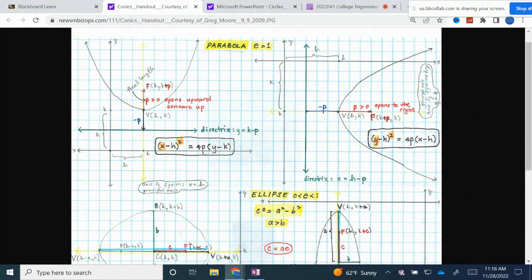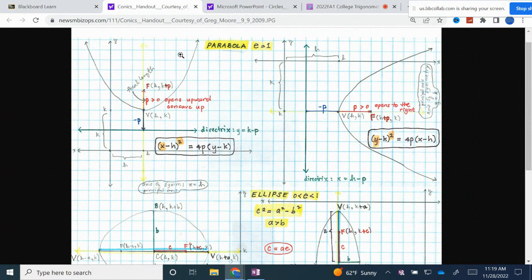All right, so if we take a look at this first formula, notice that if this were at the origin, it would be x squared is equal to 4py. Since this parabola is not at the origin, it has a different formula. Notice that h follows the x variable, k follows the y variable.